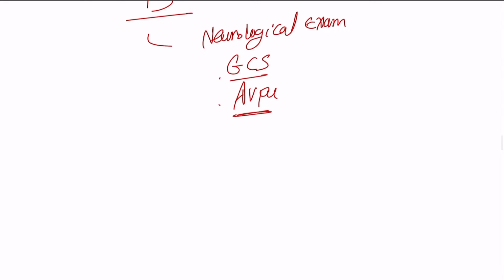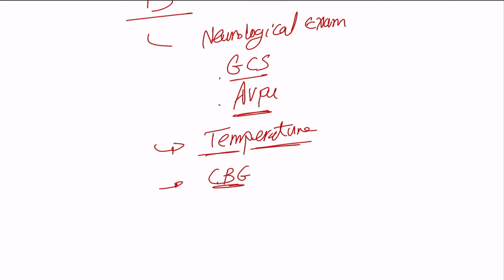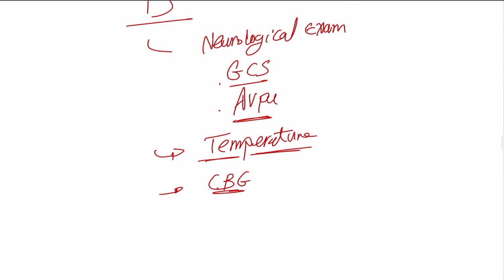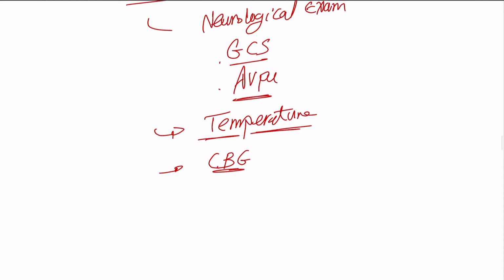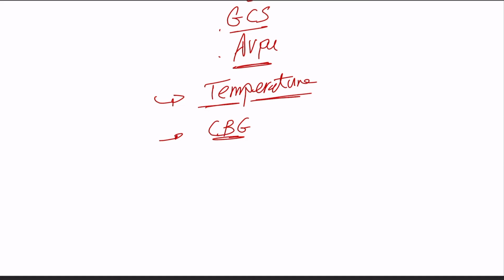In addition to that, we can get temperature measurement, and also capillary blood glucose. So that's in the D, and if there is any issue, we can again start treating it as well. So for example, hypoglycemia, we can treat by getting the hypo box and starting our patient on dextrose 20%.